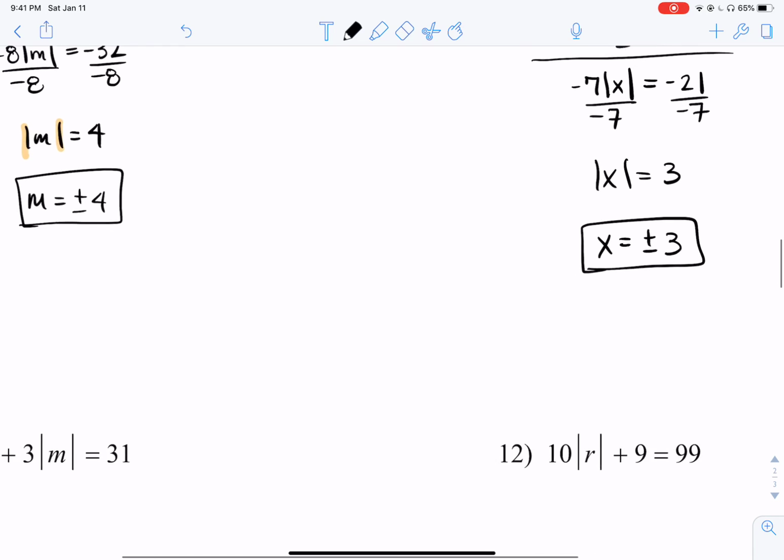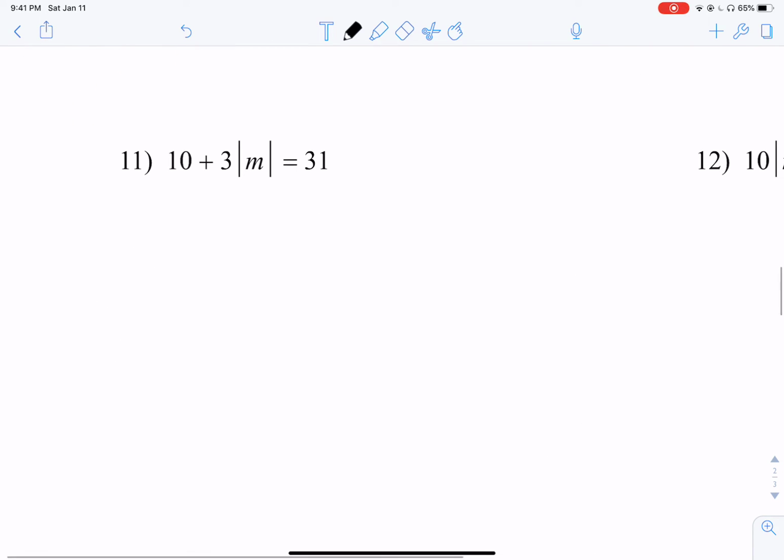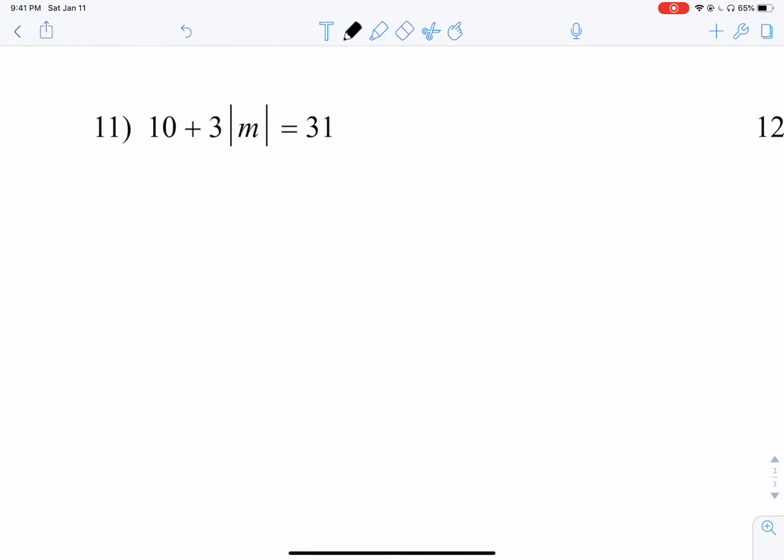All right, very good. So for number 11, again, the same thing here. If I substitute a number into m, by the order of operations, I would multiply by 3 and then add this 10. So I want to undo that, working backwards from the order of operations.